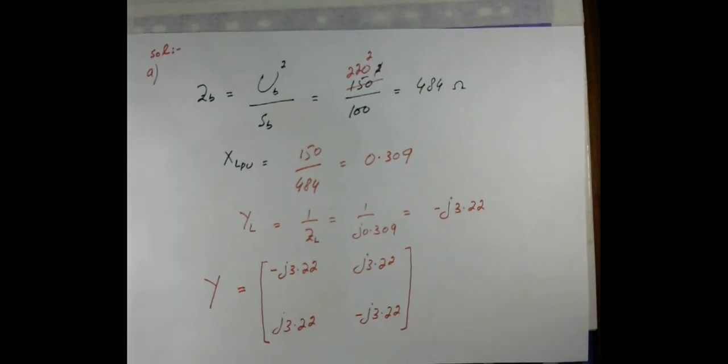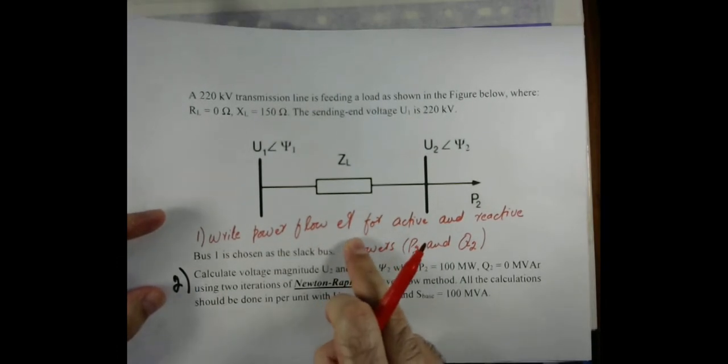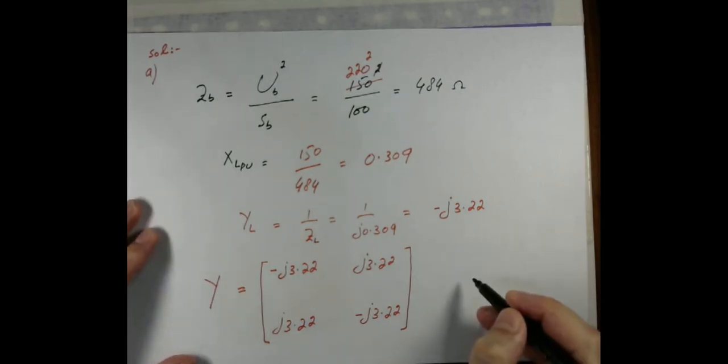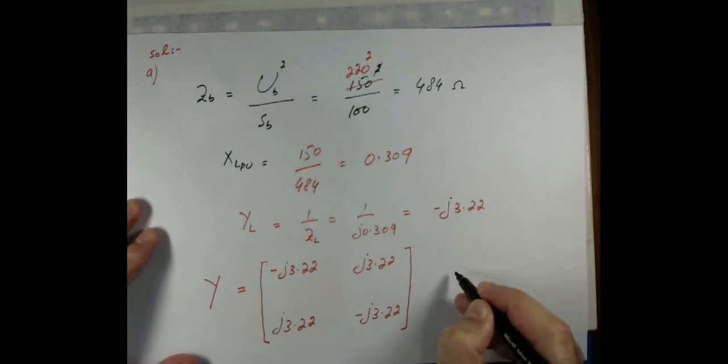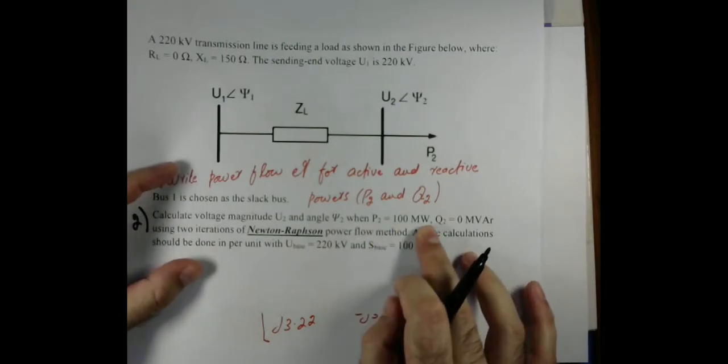Afterwards, we will proceed to the task, and the first task is to write the power flow equations. But even before that, let me mention here that P2 in per unit, as given, P2 is equal to 100 megawatt.